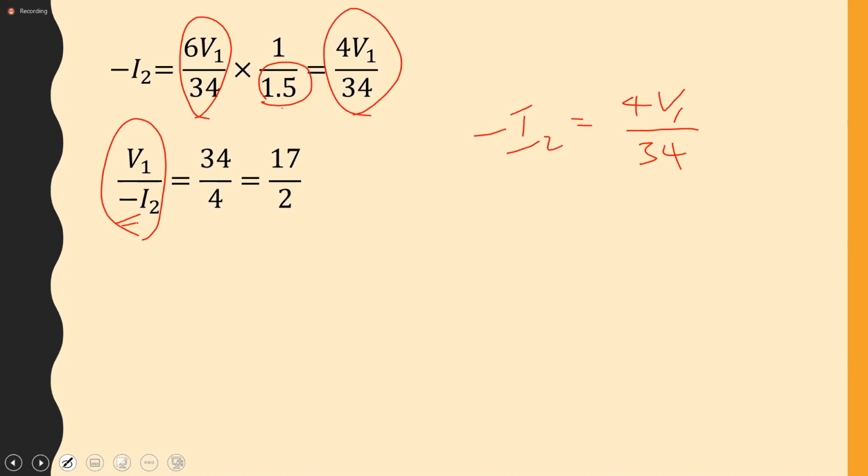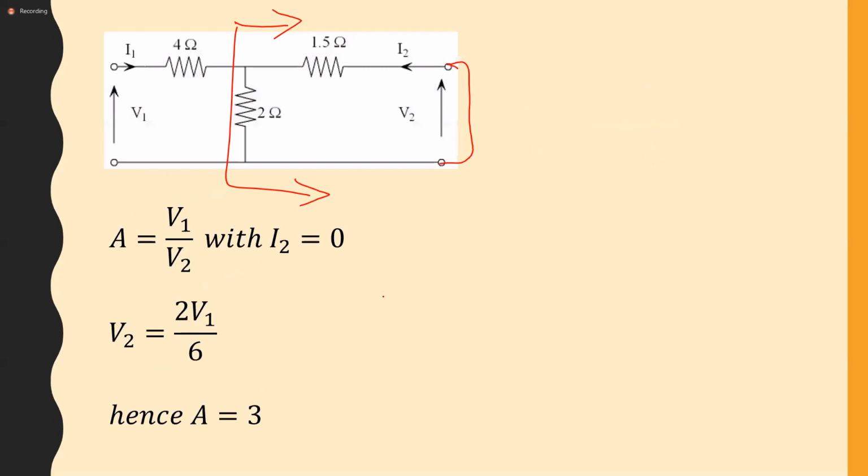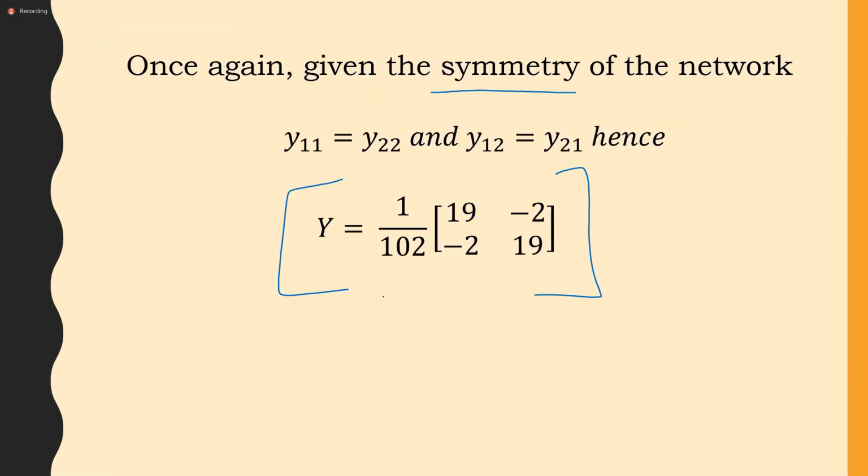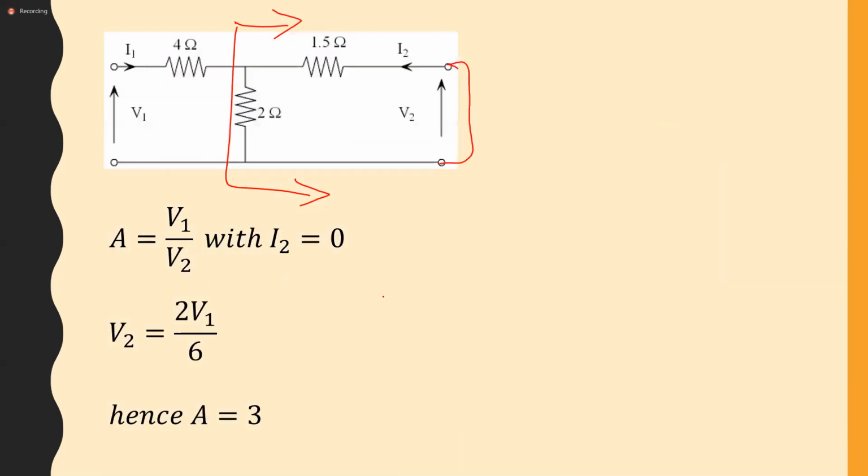Okay, now for D, these are also calculated with V2 being equal to 0. In other words, with the short circuit at port 2. And what we're looking at is the relationship between I1 and I2. So we go back to the circuit. All right, so there's our circuit.